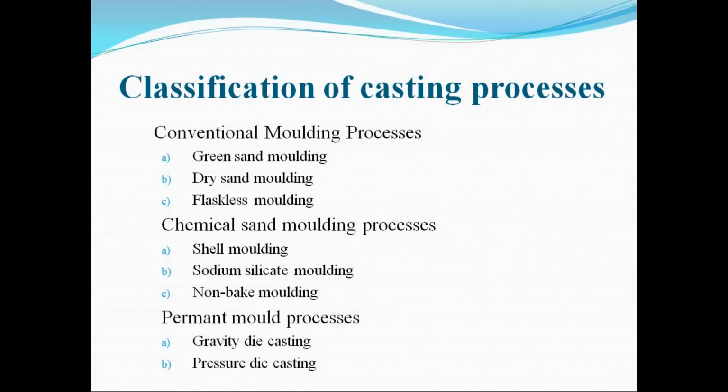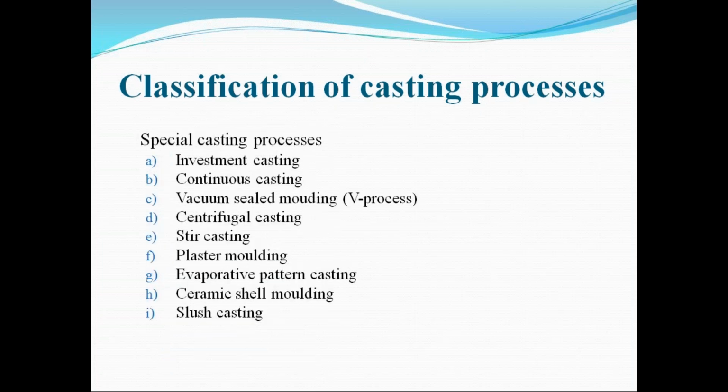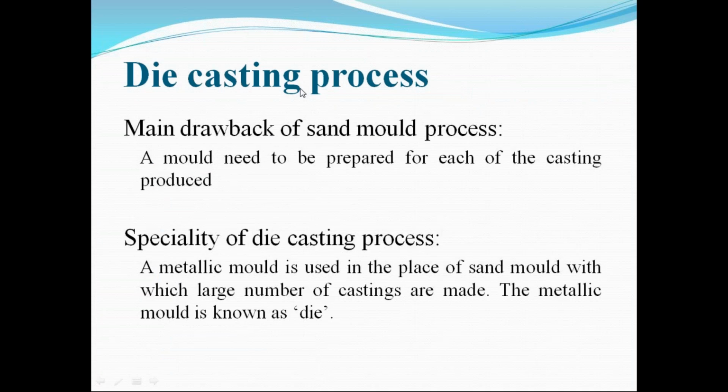Here the mold we use is metallic. So repetitively, for a number of products, we can use the same mold, and this mold we call the die. So this is the die casting process. The main drawback of the sand mold process is that a mold needs to be prepared for each casting produced.